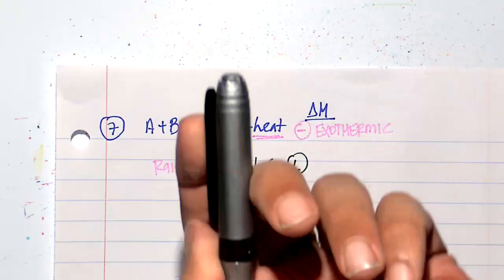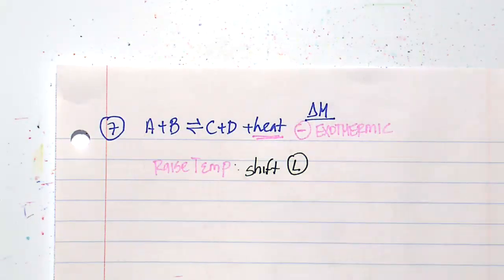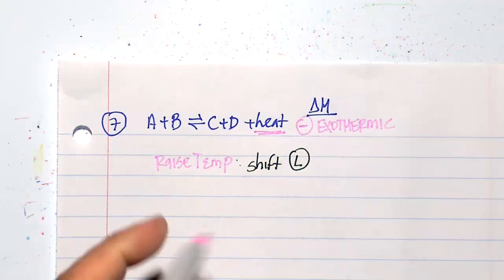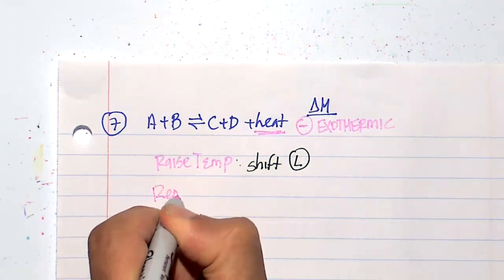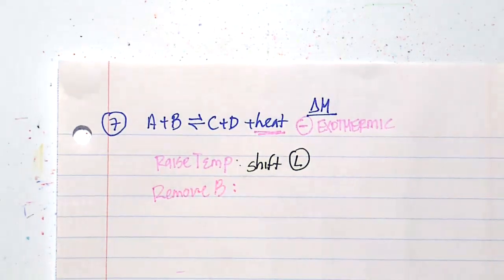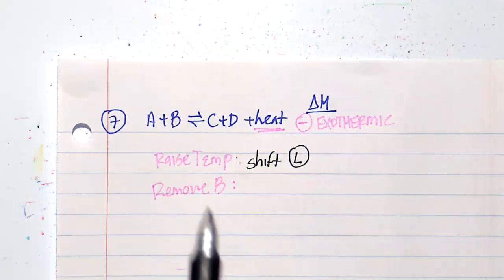There are a lot of other things we can do to mess with this equilibrium so that it's not at equilibrium. One thing we can do is remove maybe B. Let's try removing B. What happens if we remove reactant B? What will the reaction do as compensation? Where will it shift, right or left?